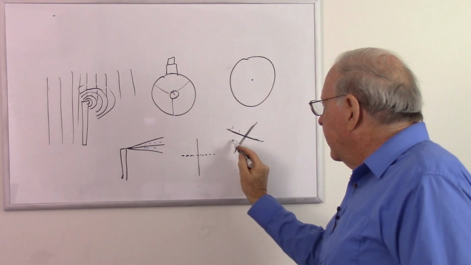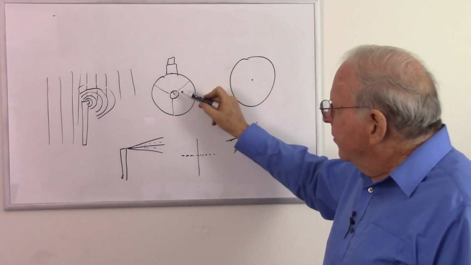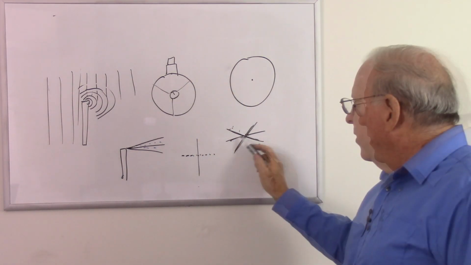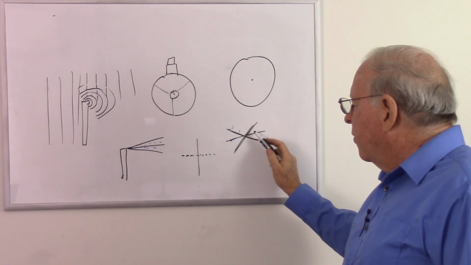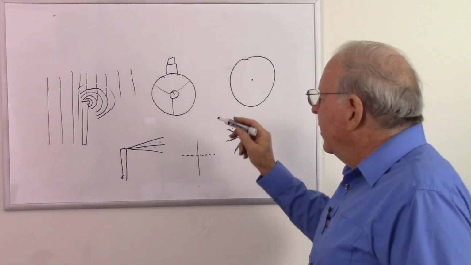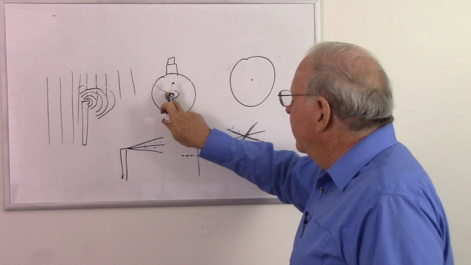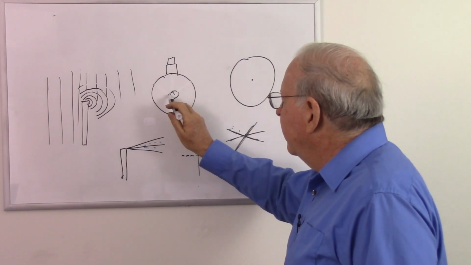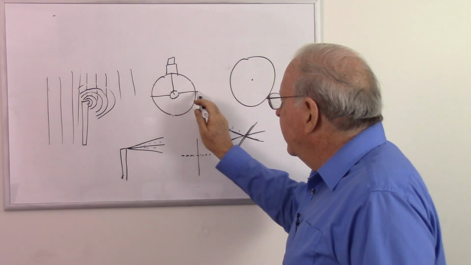And then another one from that one that goes that way. So if we have 3 arms to our spider, we're going to get 3 lines of diffraction, or 6 diffraction spikes across the image.